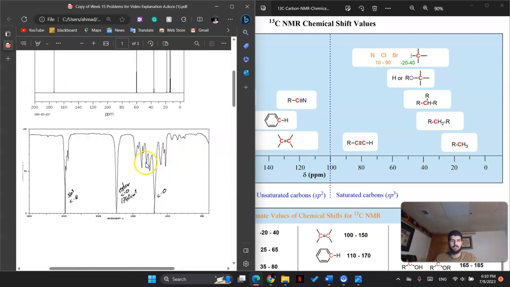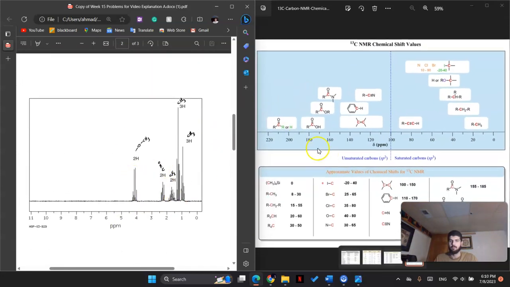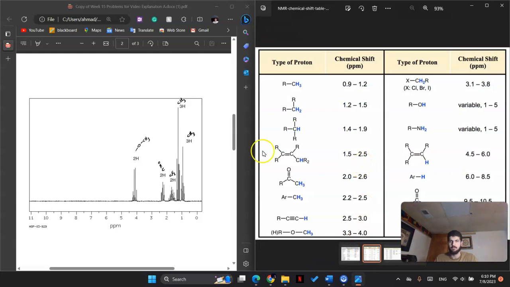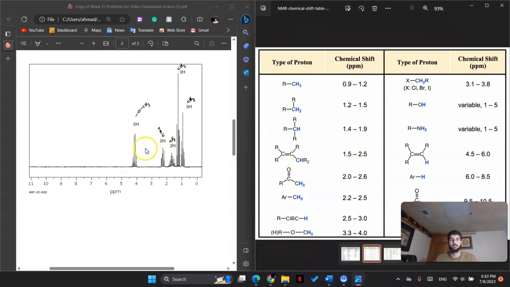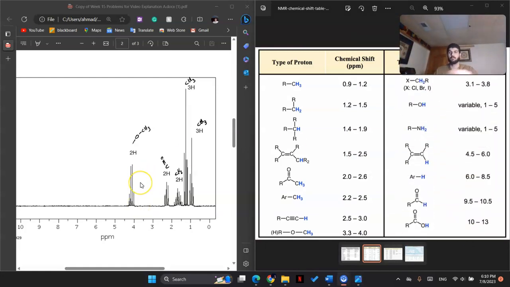I then moved on to the HNMR, and I used this specific table to interpret my peaks. I will show you the tables that I have come up with after I finish explaining them on the spectra itself.